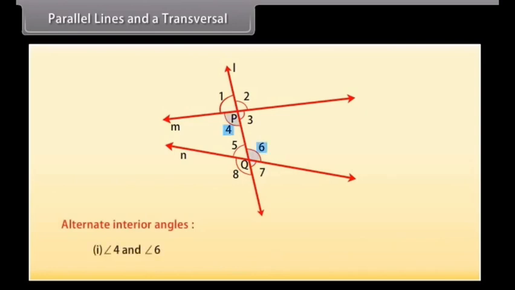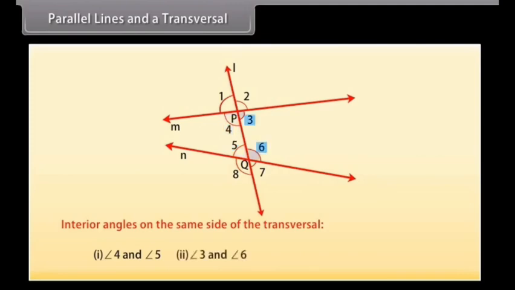Those are angle 4 and angle 6, angle 3 and angle 5. Then come alternate exterior angles, and they are angle 1 and angle 7, angle 2 and angle 8. Next is interior angles on the same side of the transversal. These are angle 4 and angle 5, angle 3 and angle 6.